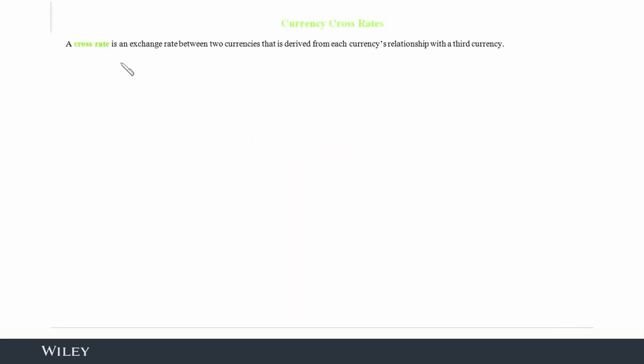A currency cross rate is an exchange rate between two currencies that is derived from each of these two currencies' relationship with a third currency.